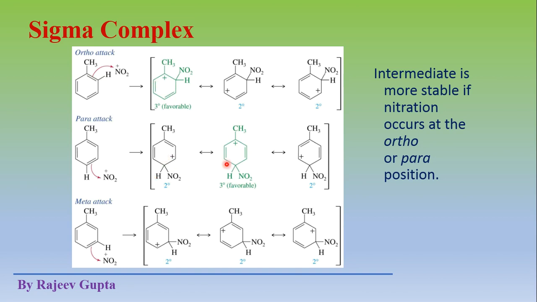Okay, now see in this para attack we also get positive charge on the ipso position where it is a 3-degree carbocation, also in conjugation with these two pi bonds. But in case of meta attack we don't get this type of resonating structure.